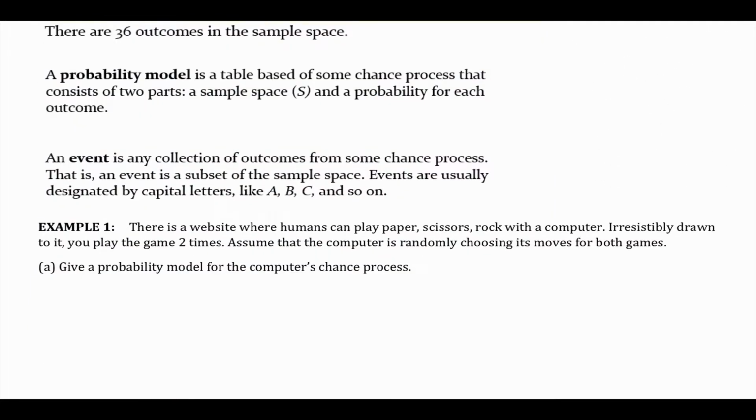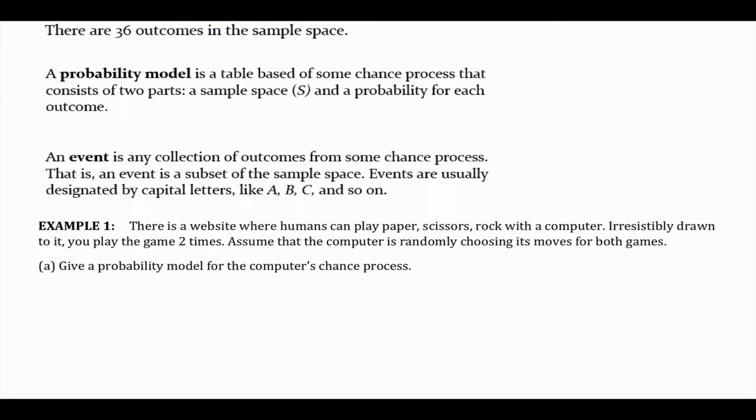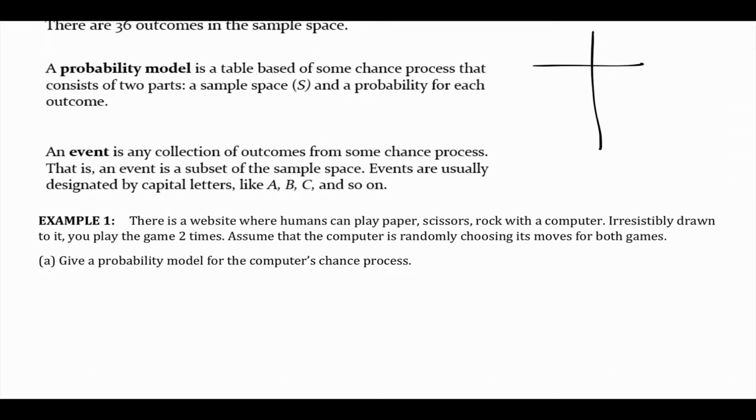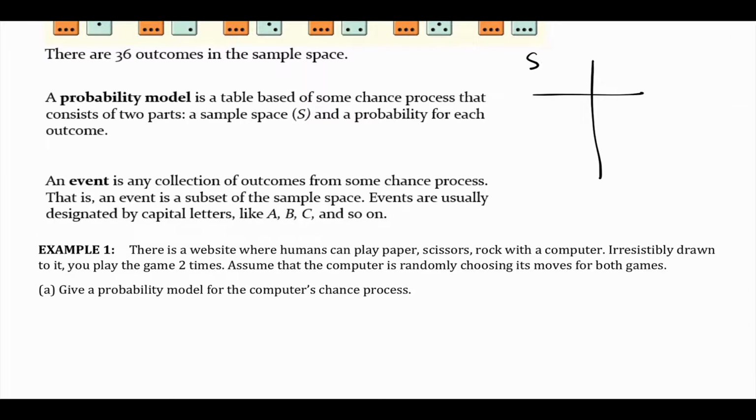Okay, the next one is a probability model. Probability model is a table. Looks like this. On one side, you have the sample space. On the other side, you have the probabilities. So over here, you're going to have every single thing that could happen.